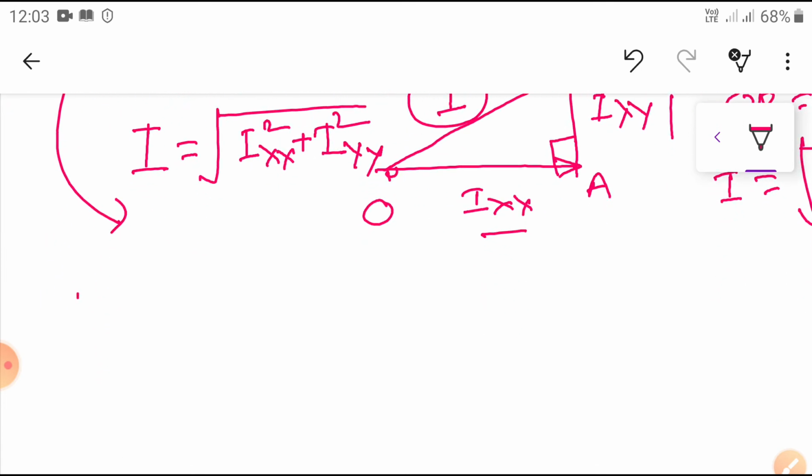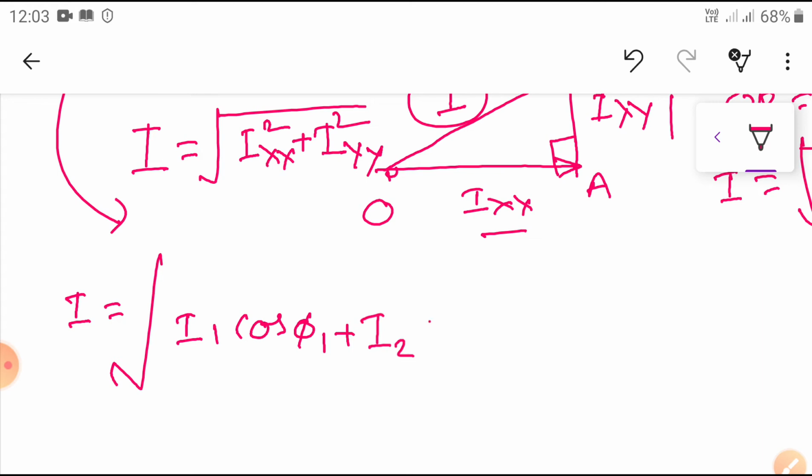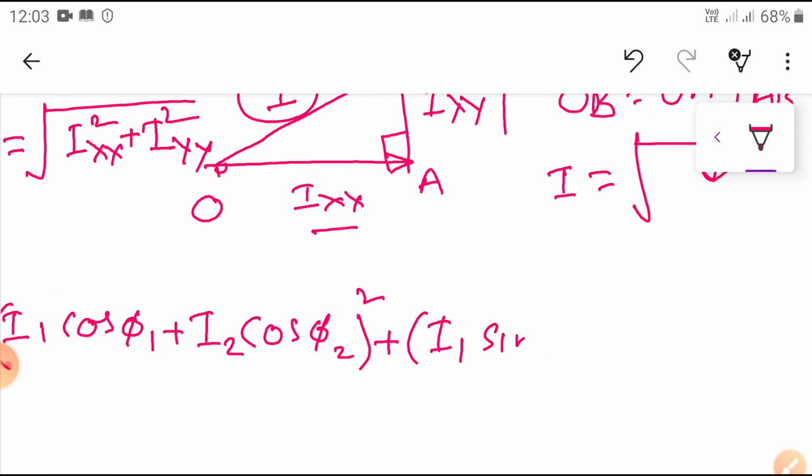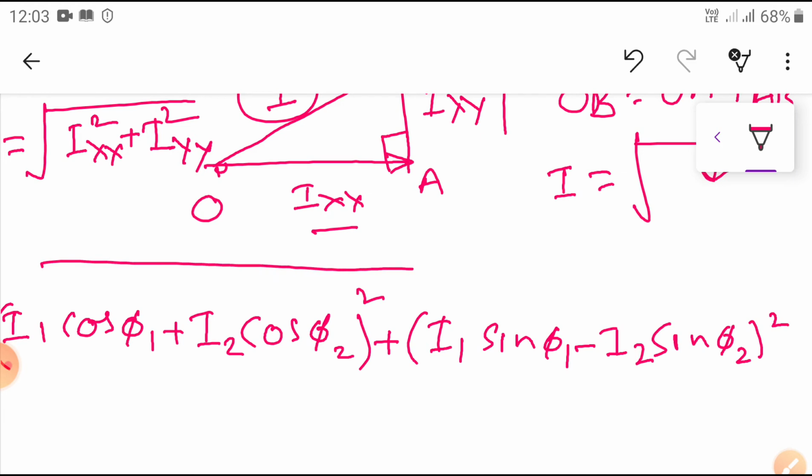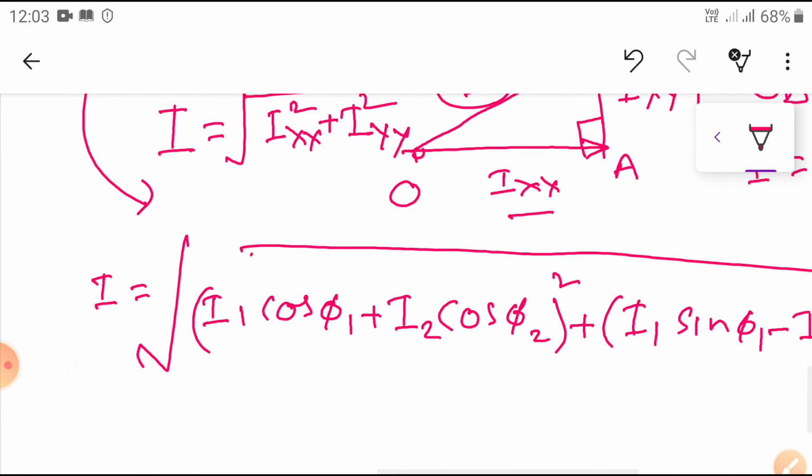So I is equal to under root of (I1 cos phi 1 plus I2 cos phi 2) whole square plus (I1 sin phi 1 minus I2 sin phi 2) whole square. This is the total under root.